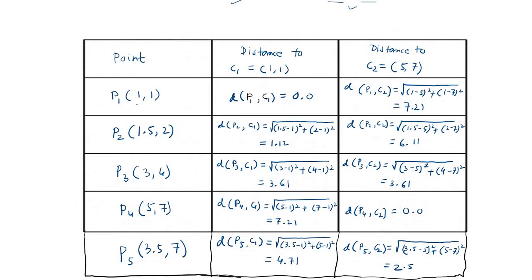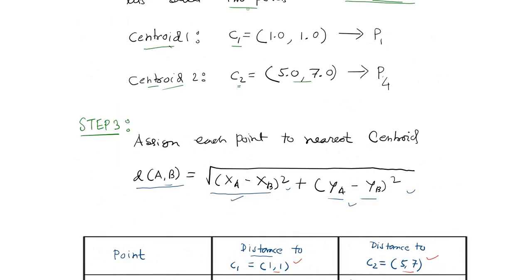We already have P1, P2, P3, P4 and P5. The distance to centroid C1 and the distance to C2, which is 5, 7. We already assume that these are the 2 centroids, C1 and C2.